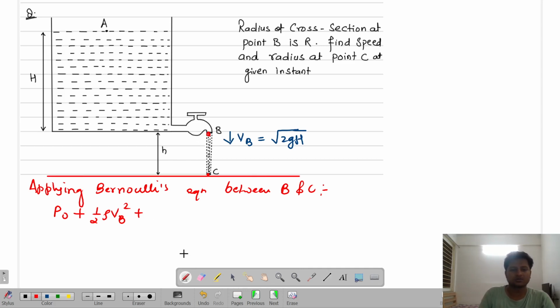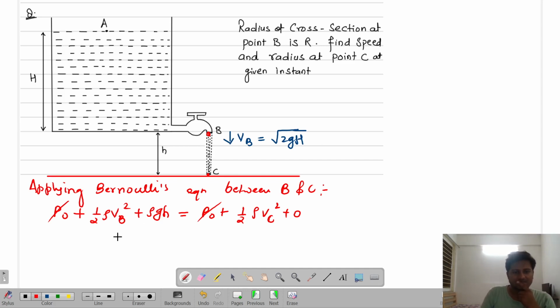So this will be rho g h is equal to P naught plus half rho V of C square plus 0. Rho also got cancelled. VB is root under 2GH.